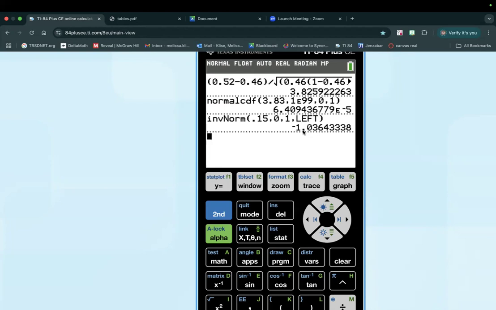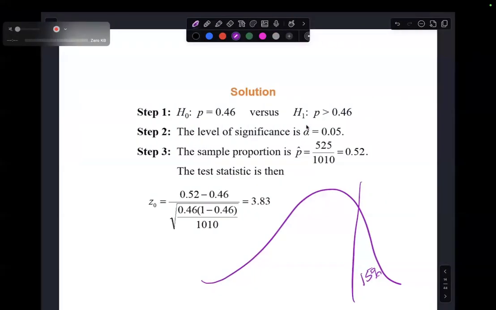If it's a left-tailed test, use negative. Just remember that. Write it down, or I can write it right here. This isn't really the best page for it. Right-tailed test: critical value, always positive.